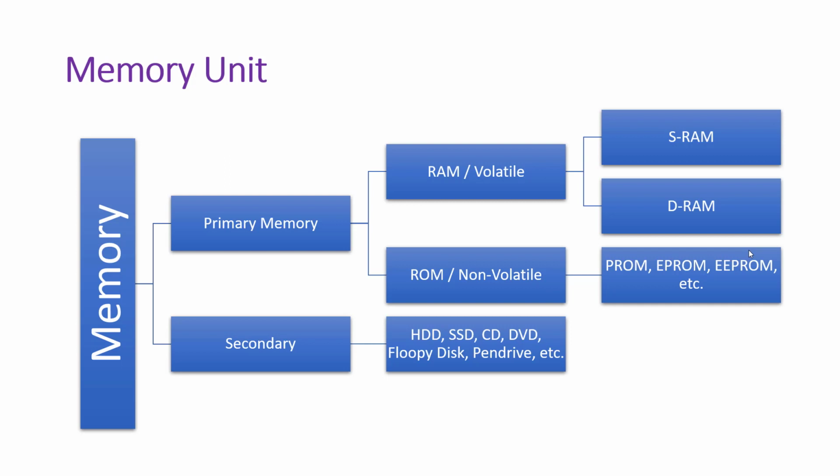This problem is solved by EEPROM, that is electrically erasable programmable read-only memory. A user can simply update the ROM in his PC using a particular software or updater. In this way, it is more convenient for the user to update the information or instruction for the ROM.